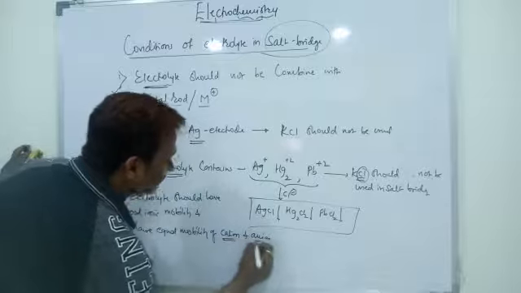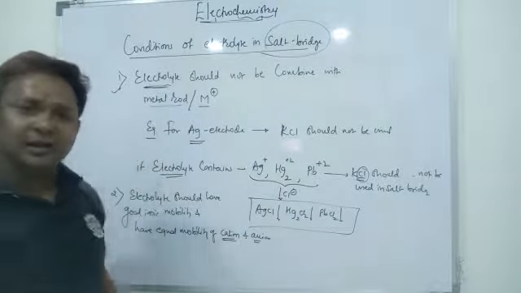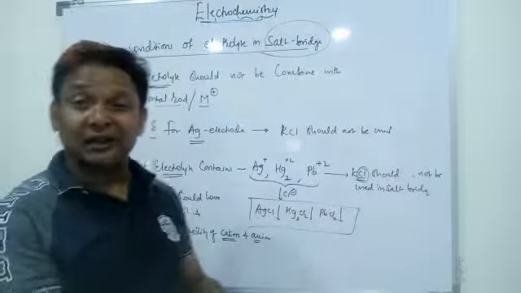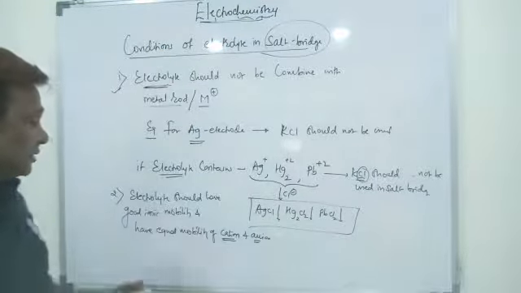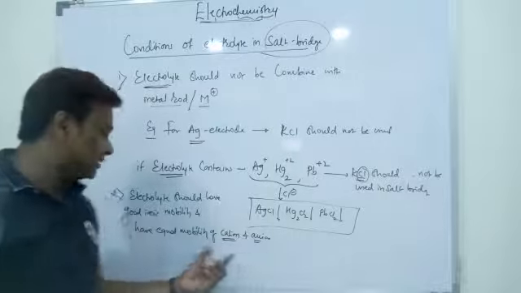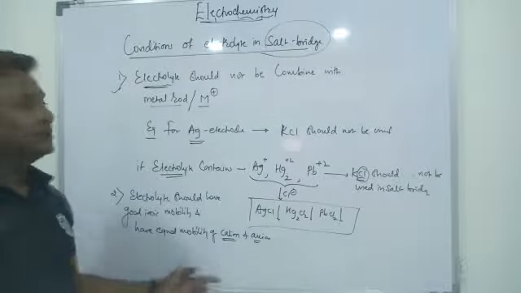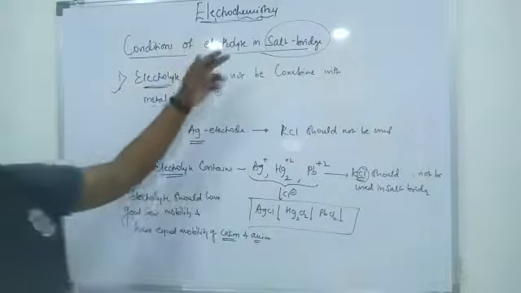Means mobility of cation and anion should be the same. It should not be like that the cation will move very fast and the anion very slowly. Both velocities of the cation and anion should be the same. So these are the two important conditions for the salt bridge.